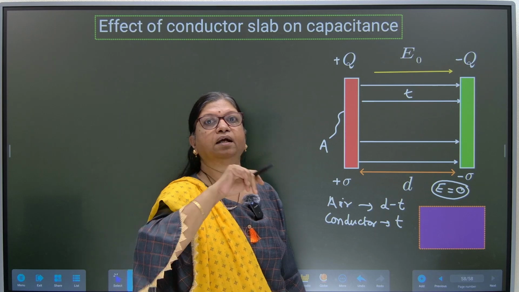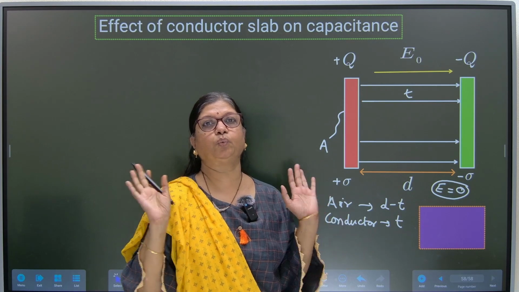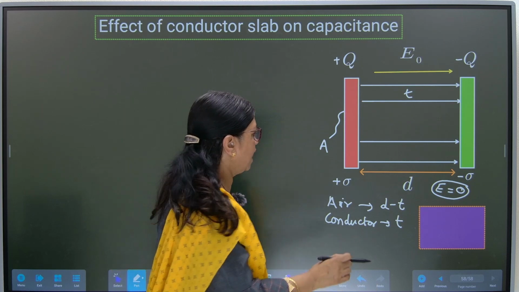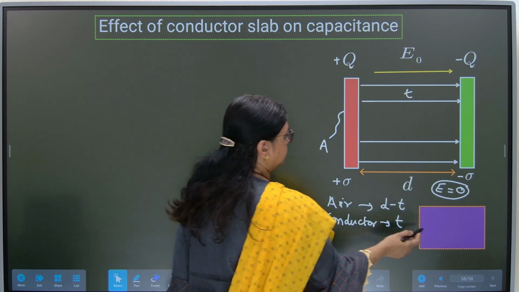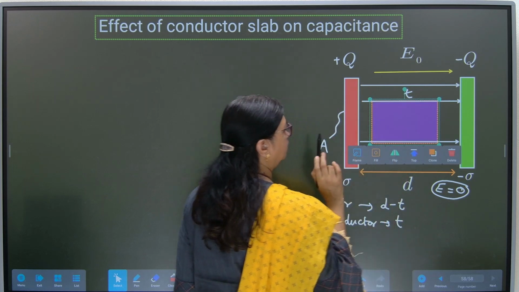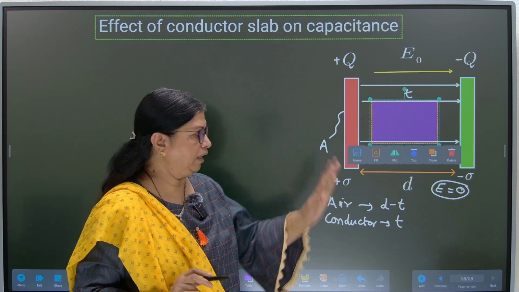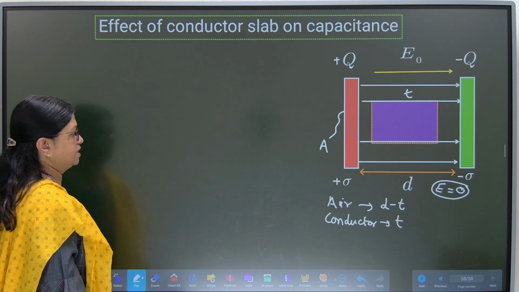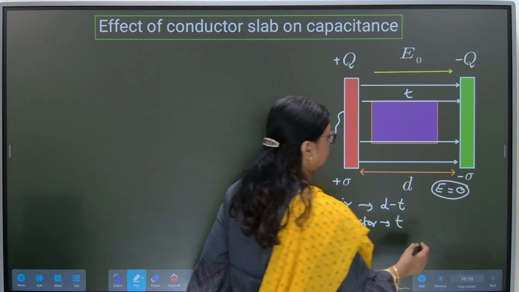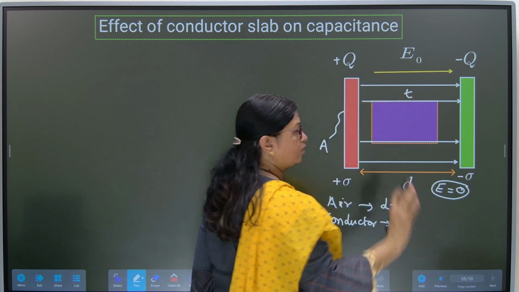Electric field is there, but from the surface of the conductor radially outwards. Now, when I place it in between the two plates, even then there is no electric field inside the conductor. Fine, this is what I want to emphasize. So inside the conductor there is no electric field. Outside there is E naught.